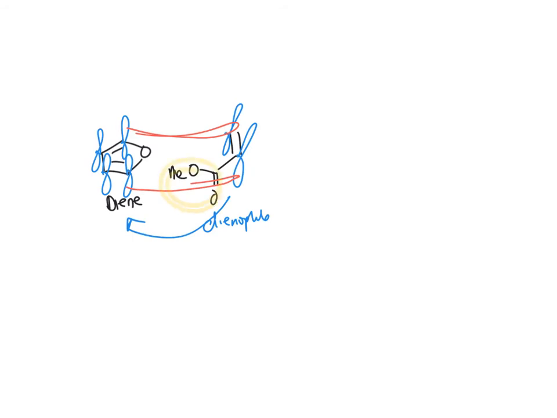And when that happens, this portion here that is an electron withdrawing group is going to be more attracted to the electrons here. So here you have your diene, which is electron rich, and you have electron withdrawing groups.